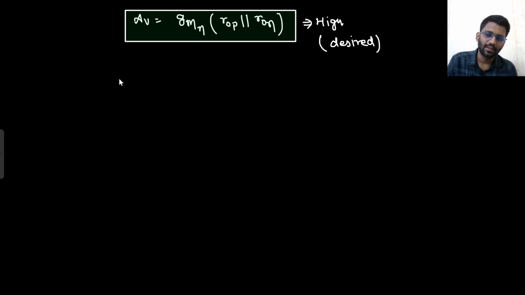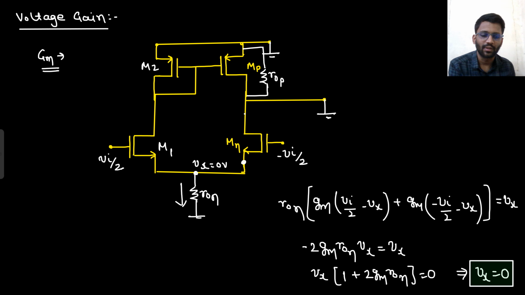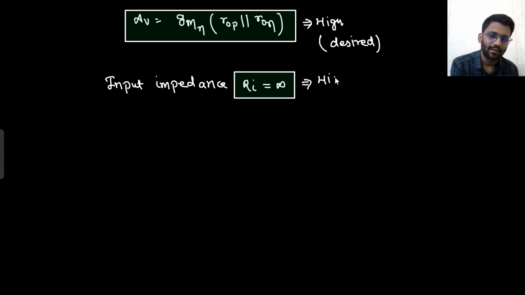And what is the input impedance? Input impedance will be infinity only, right? Why is it infinity? Because from Vin by 2 there is no current. From Vin by 2 there is 0 ampere current. So input impedance would certainly be infinity. So this is high, and it was desired as well.